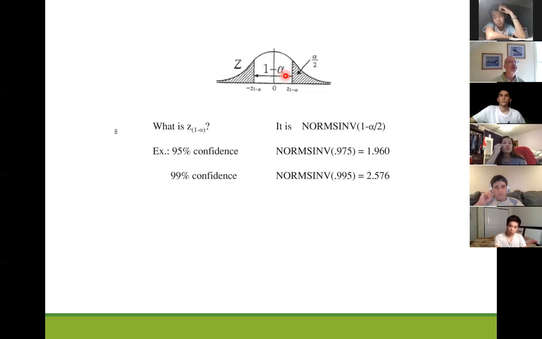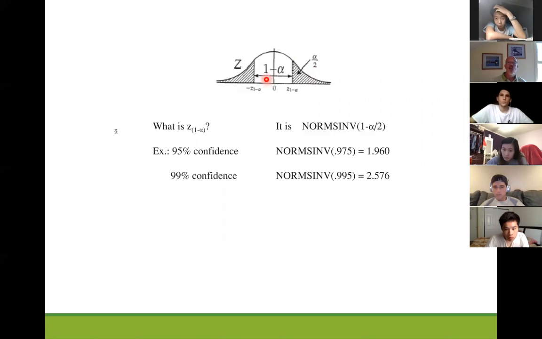So if our confidence level is 95%, that means the unshaded area is 95%. That means both shaded areas have to add up to 5%. Due to symmetry, what's in one tail is 0.05 divided by 2, or 0.025.